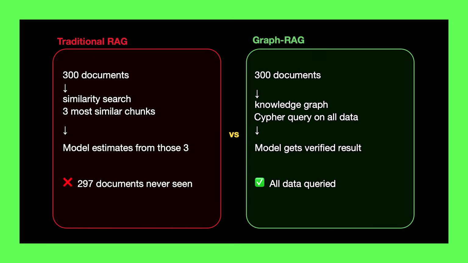Here, let's see a comparison. Left side, RAG retrieves 3 chunks from 300 documents and the model guesses. Right side, Graph RAG runs a query across all the data and returns a computed result.